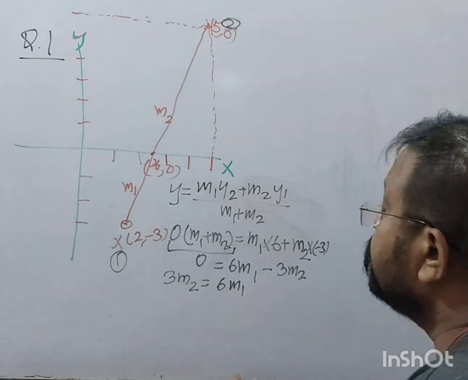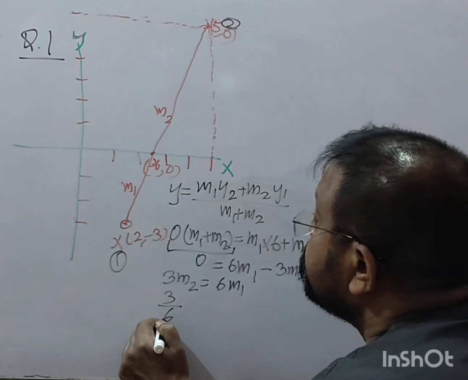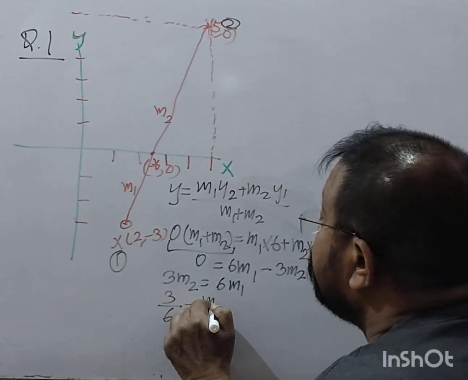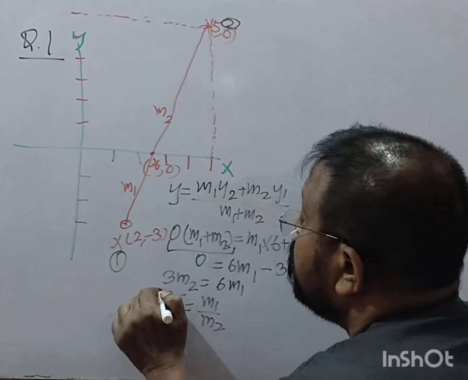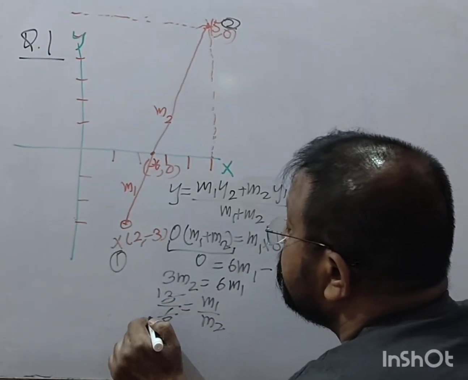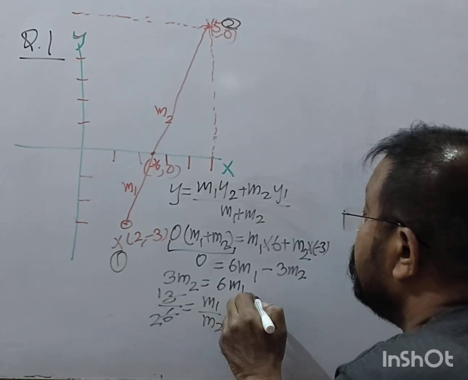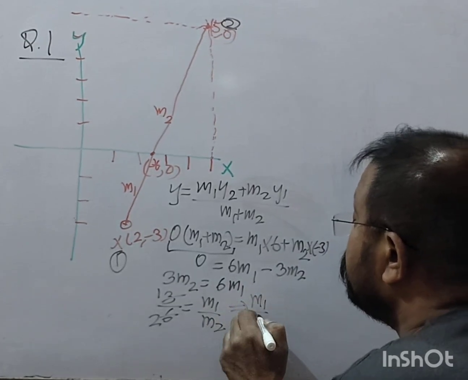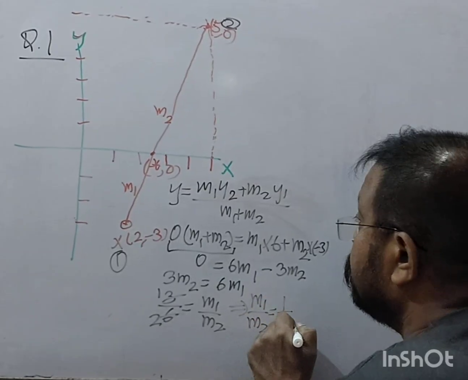Right? So what you do, 3 upon 6 is equal to m1 upon m2. So 1 times 3 becomes 3, 2 times 3 becomes 6. So we get m1 upon m2 is equal to 1 by 2.